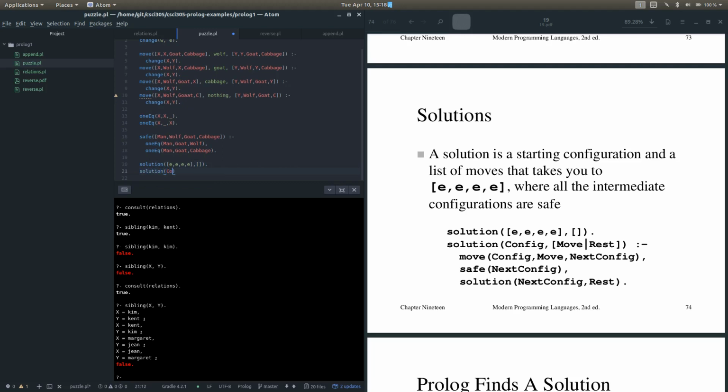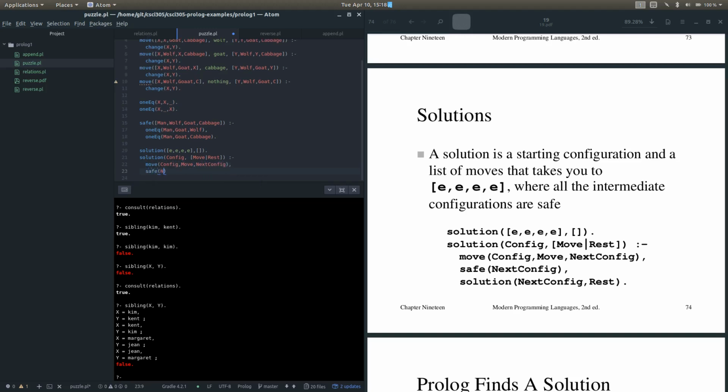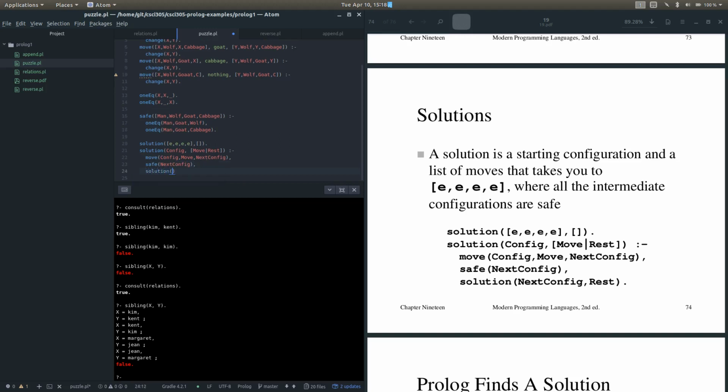Solution, so we have a config, and then we have a move, rest, such that we have move, config, move, next config, safe, next config, and solution, next config, rest.